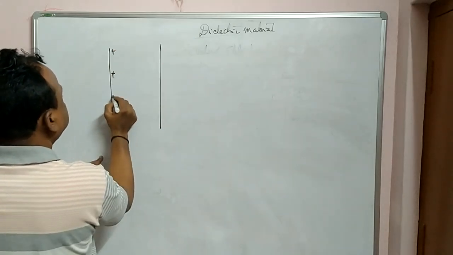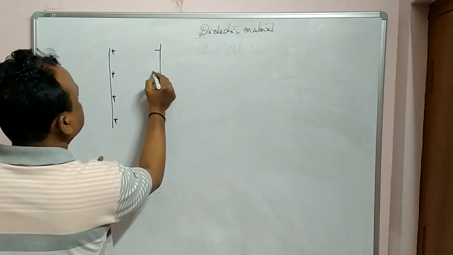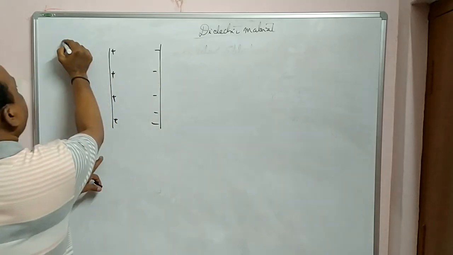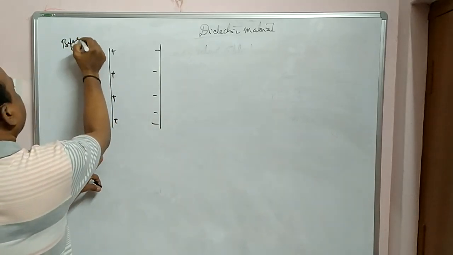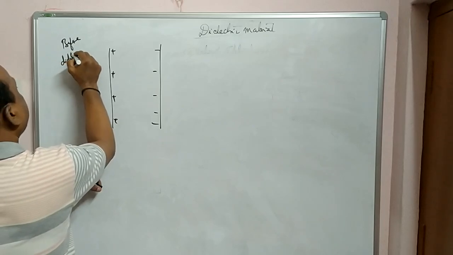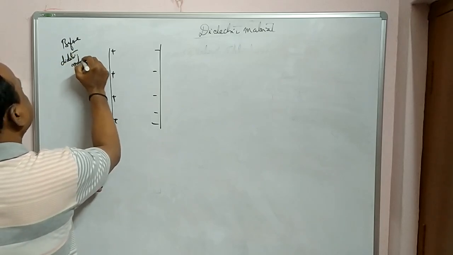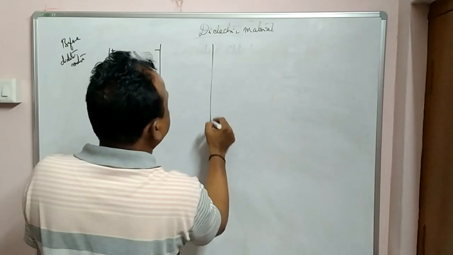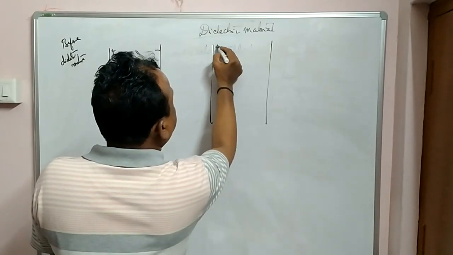So these are parallel plate capacitors. For example, before dielectric material, and this is after dielectric material.